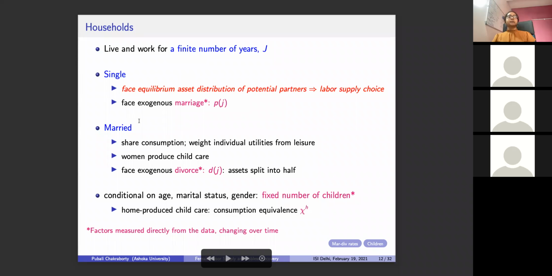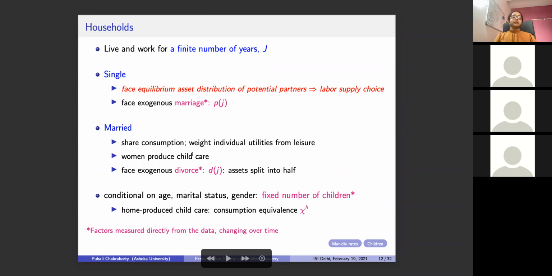For married households, they share consumption, and they weight individual utilities. The utilities that the different individuals derive from leisure are what is weighted in terms of the household utility. I assume that women are the ones who supply labor at home to produce childcare.